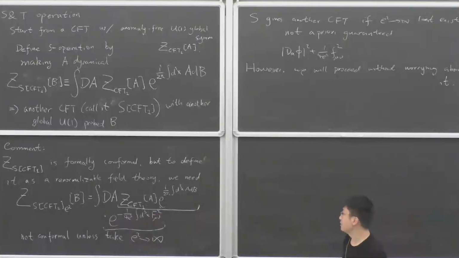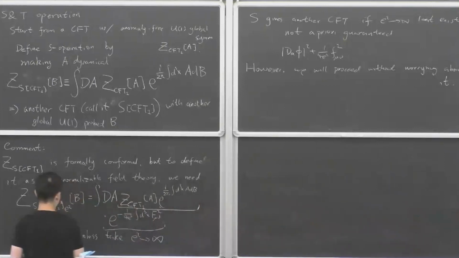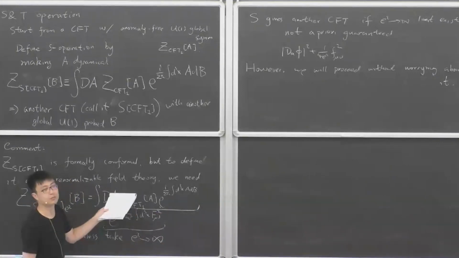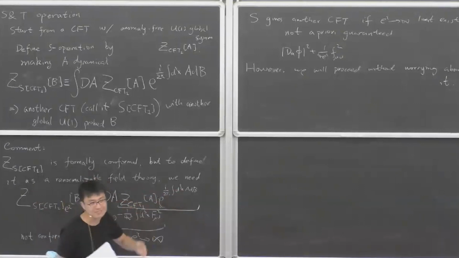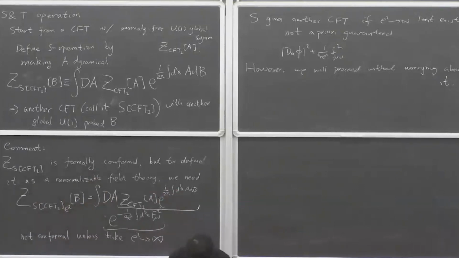Well, it's not necessarily a problem. It's just a priori we're not completely sure if this is well defined. If I just literally give you this and ask you to actually integrate it out for me, it's not clear how you do that.